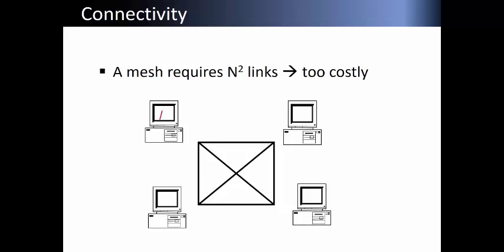For example, computer 1 can communicate to computer 2 through this line, and computer 1 to computer 3 through this line, and computer 1 to computer 4 by using this line. Whenever we want to communicate, we establish new lines. That may be possible, right? But very costly. We don't do that, right?